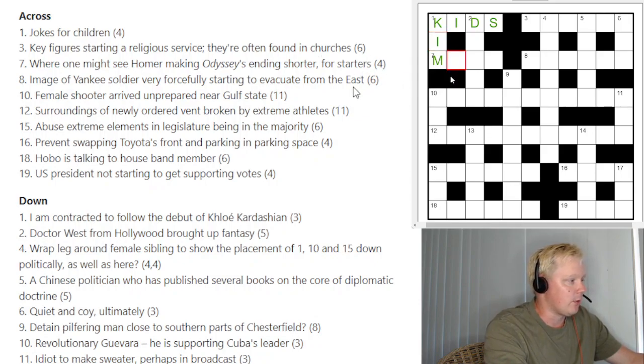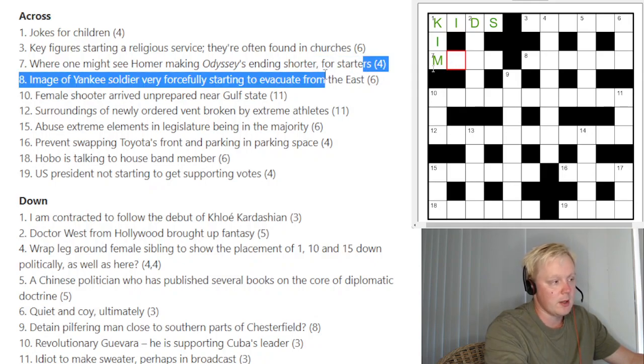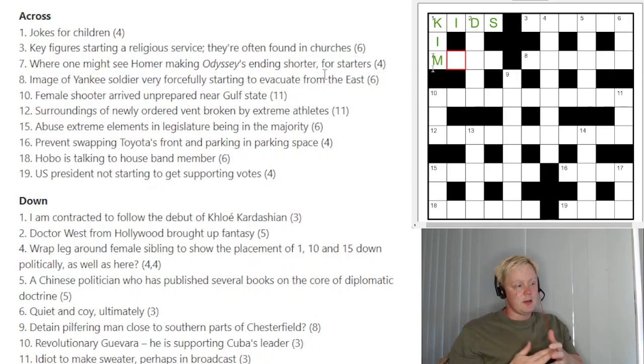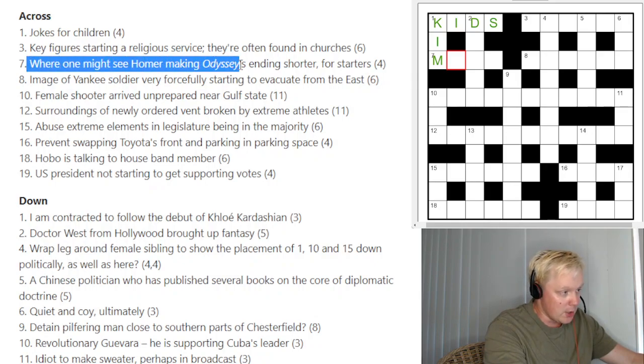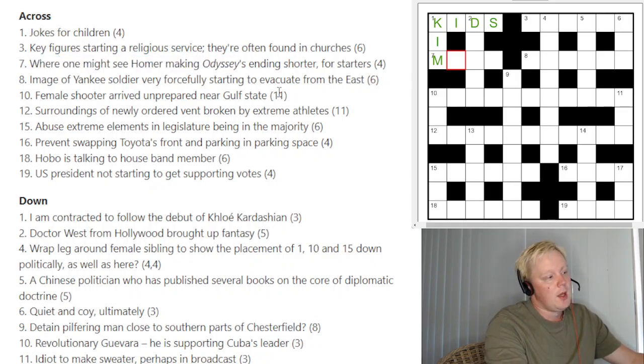Let's do 7 across. Where one might see Homer making Odyssey's ending shorter, for starters. Now here, if you look at the end, you see that for starters, well, starters are clearly starting letters, so that's very likely to be wordplay, which means we would be looking as the definition, something like where one might see Homer, or where one might see Homer making Odyssey.